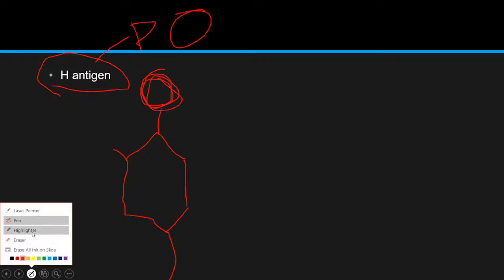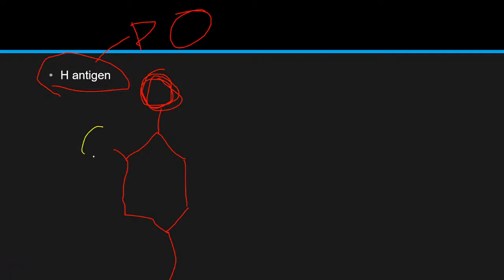No. In this case, H antigen is useful for the Lewis antigen. Why? Because it will attach a fucose molecule. Remember, it's the 1,3. It will attach a fucose molecule here on the 1,4 location. There will be a fucose molecule here, and this one will be your galactose.